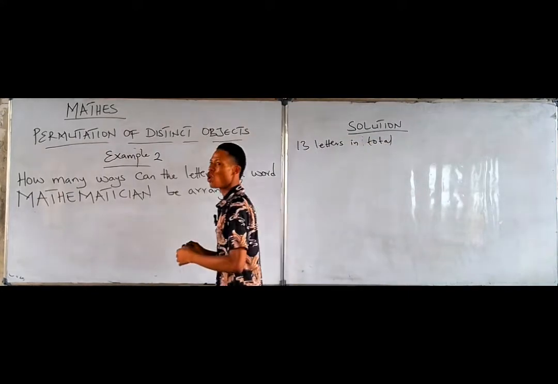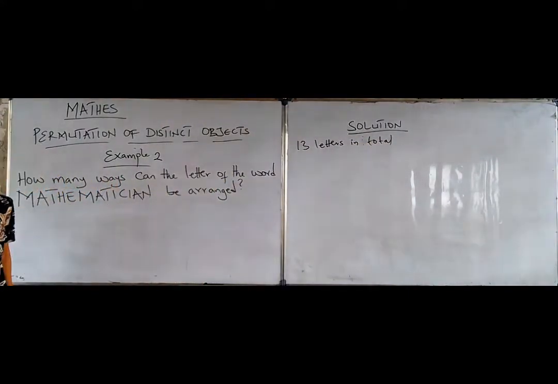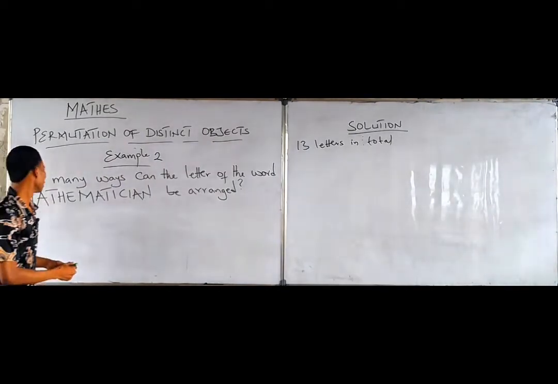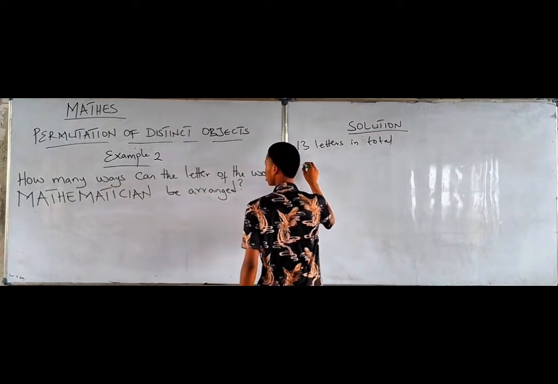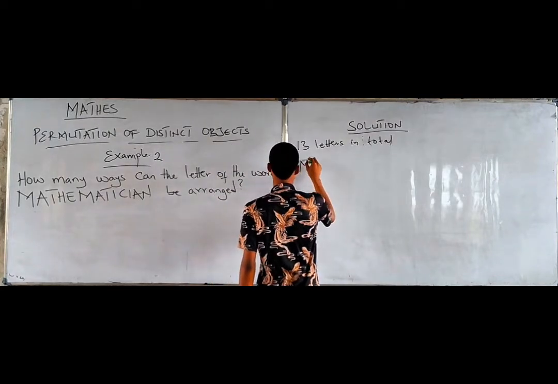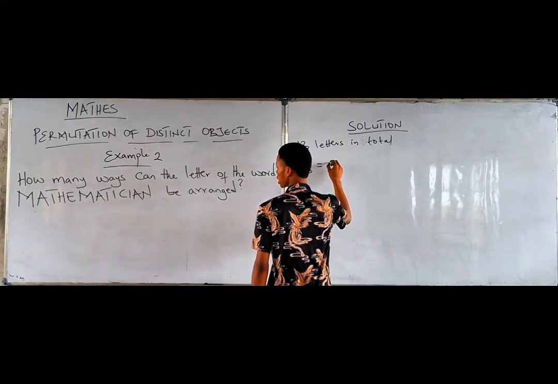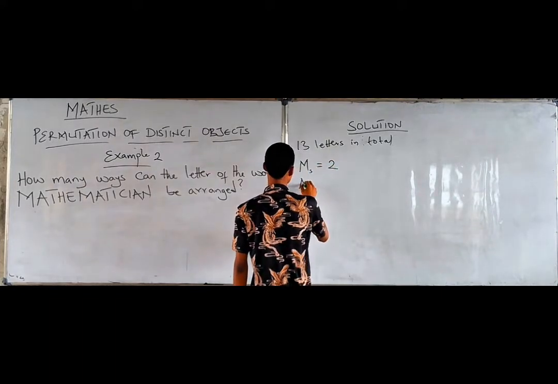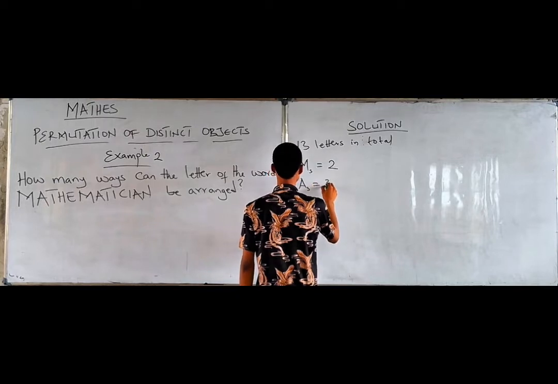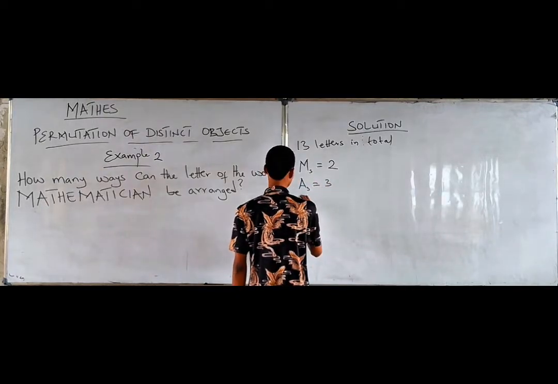But now you agree with me that some letters are repeated, right? So how many distinct letters do we have? Now we have how many M's? We have 2 M's, right? How many A's? 3 A's. How many T's? 2 T's.